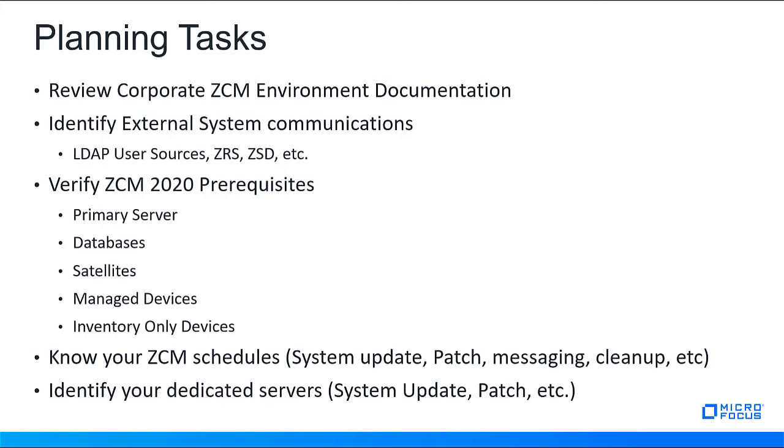Know your ZCM schedules: the system update schedules, the patch download schedule, the messaging, and the cleanup schedules. It's all in ZCC. Identify your dedicated servers as well, so you know what's happening on that server at the time you're doing the upgrade. You may have a dedicated patch server that has a schedule for downloads. You don't want to either interfere with that or make sure you turn it off.